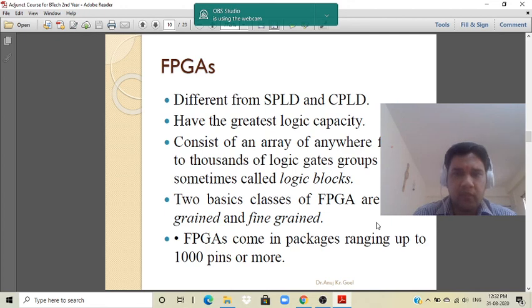Two basic classes of FPGA are coarse grained and fine grained, and FPGAs come in packages of up to 1000 pins. So 1000 pins are possible in the case of FPGAs because these are the most complex devices, and they can implement more functions as compared to SPLD and CPLD.